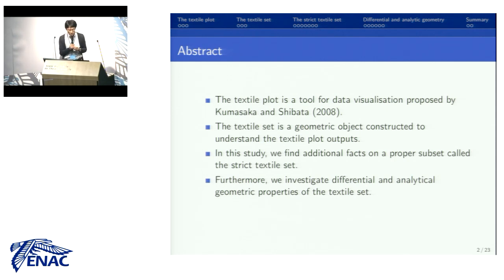The textile set is a geometric object constructed for understanding the textile plot outputs. In today's talk, we find additional facts on a proper subset called the strict textile set, and also study some other differential and analytical geometric properties.